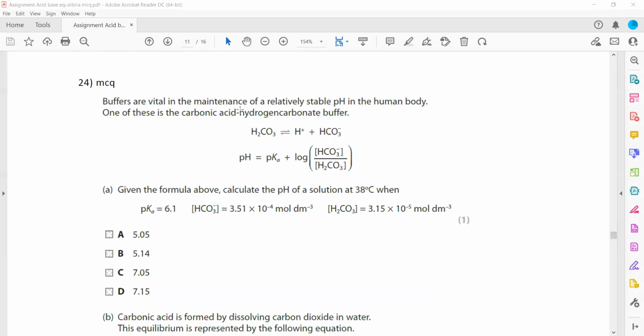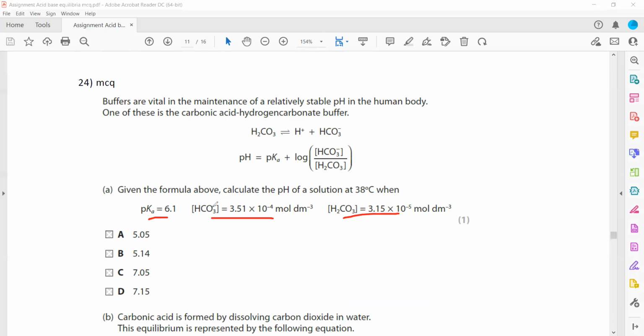Buffer solutions are vital in maintaining a relatively stable pH in the human body. One of these is a carbonic acid hydrogen carbonate buffer. Given the formula above, calculate the pH at 38 degrees centigrade. When pKa is there, we use the hydrogen ion concentration formula.